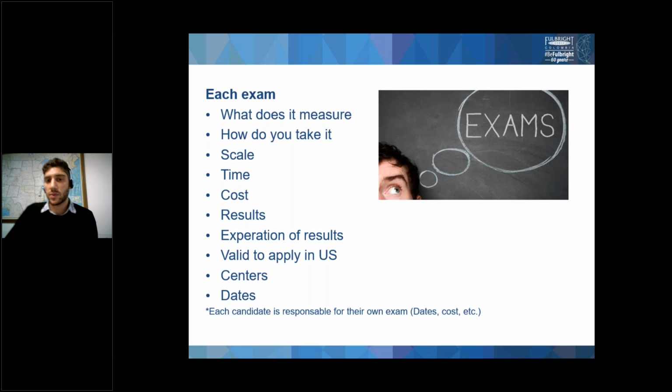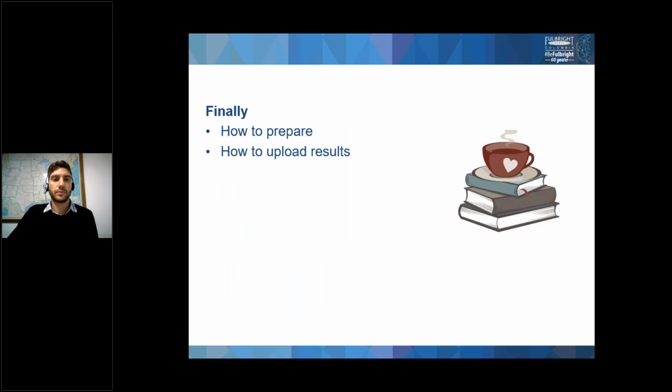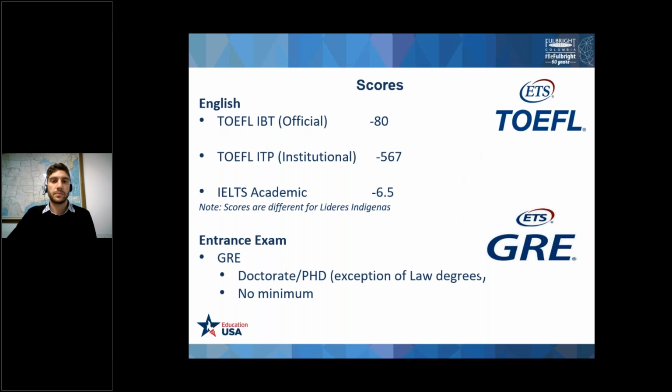We'll cover whether you can use those results to apply to institutions and universities in the US, the centers to take your exam, and dates. Remember that each candidate is responsible for their own dates, registering, and costs of each exam. Finally, how to prepare and how to upload the results in the platform Slate.